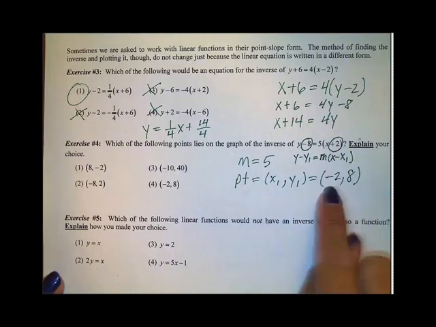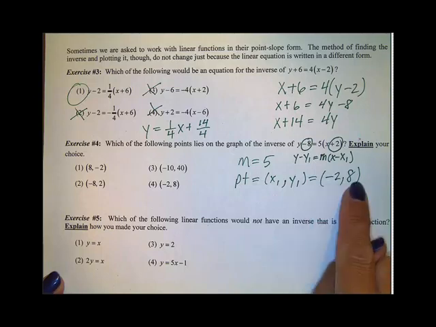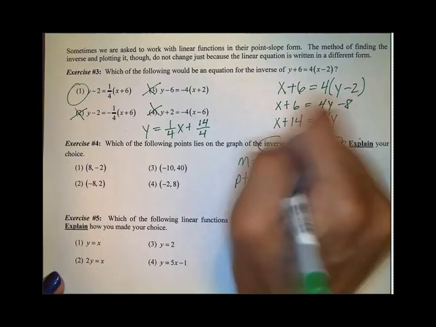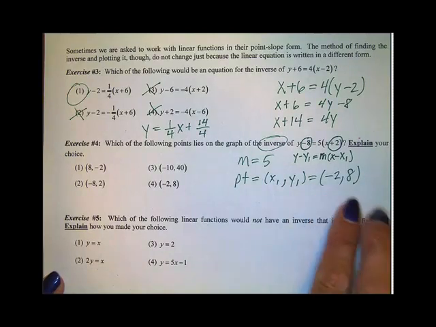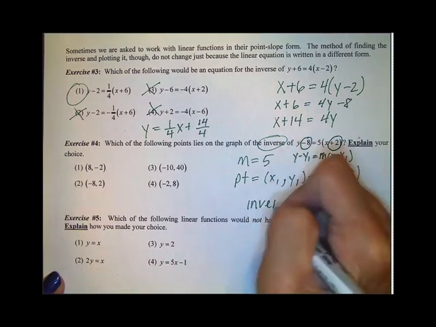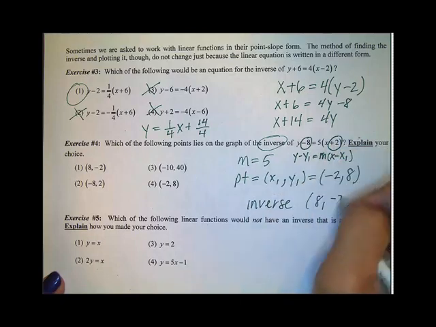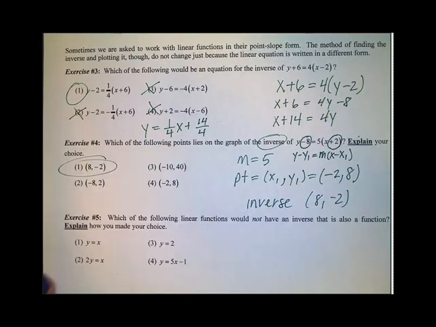So here's our coordinate, x, y. Inverse means to do what to x and y? Switch x and y. So the inverse point is 8, -2. Choice 1. So there's a couple tricks there. Be careful. Signs matter a lot in math. It says explain your choice, so that means we have to use words.